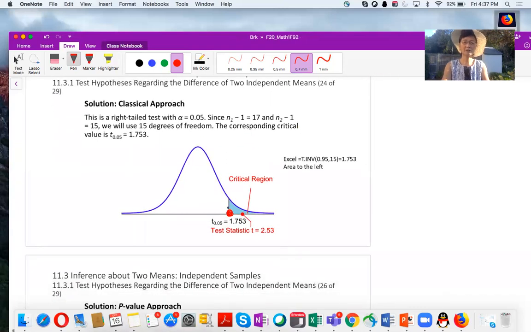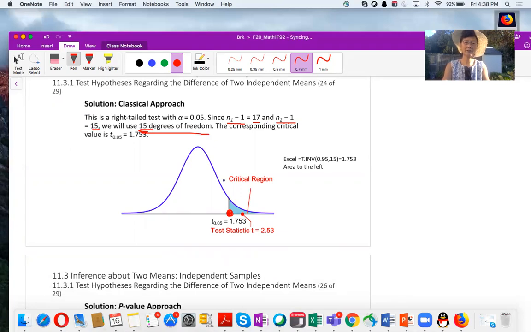So we need to find the critical value. The degrees of freedom, you have to choose the smaller one. N1 is 18 minus 1, 17. N2 is 16 minus 1 equal to 15. So you use 15 as degrees of freedom.